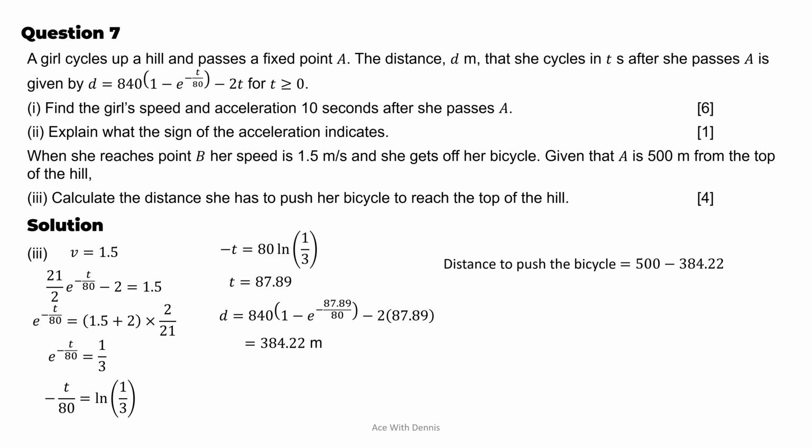So this is the distance that she has traveled. So we want to calculate the distance that she needs to push the bicycle. So the total distance is 500 meters. Then it will be 500 meters minus 384.22, and it is 116 meters, rounded off to 3 significant figures.